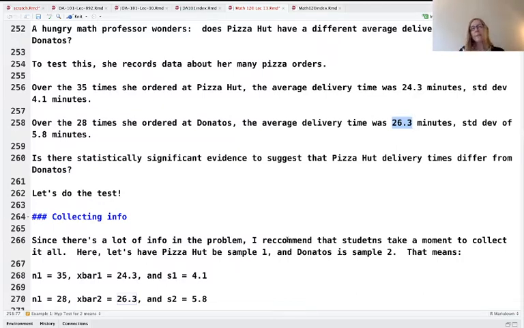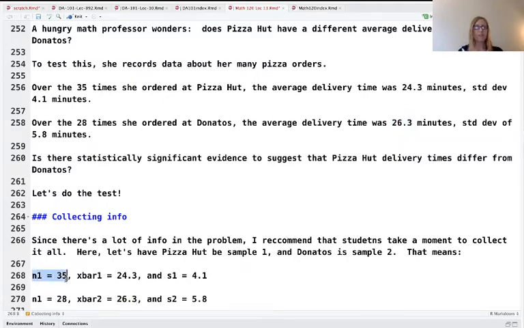Here, I'm going to let Pizza Hut be sample 1 and Donato's be sample 2. It doesn't matter which one's which, as long as you're consistent throughout the problem. If you really want Donato's to be sample 1 and Pizza Hut to be sample 2, you can do that. Just make sure you're consistent when you plug in the numbers from the different samples.